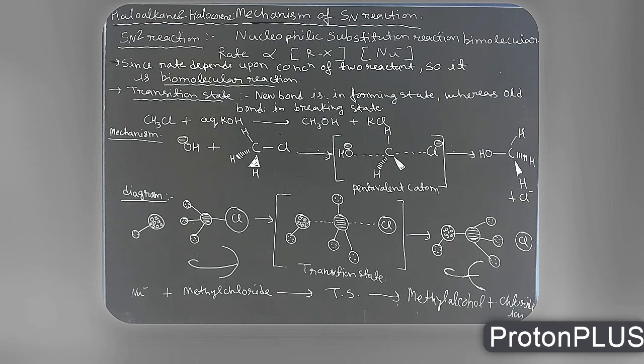This substrate molecule, as you can see, has been drawn in a three-dimensional structure. In this structure, as you can see from the moving cursor, two bonds are drawn by plain straight lines.